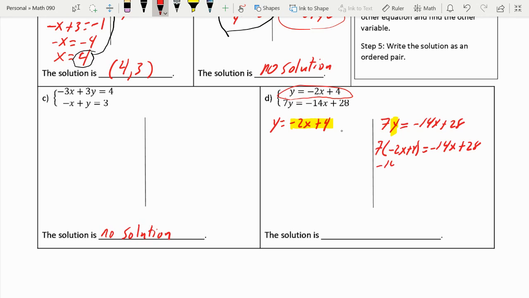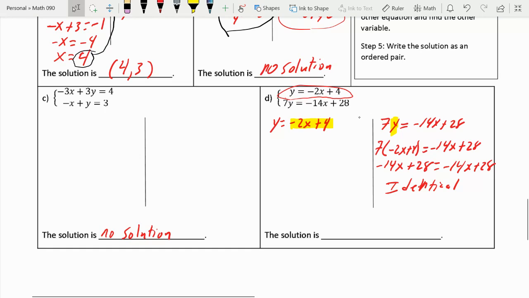Distribute, I end up with negative 14x plus 28 is equal to negative 14x plus 28. I'm hoping you recognize that both sides of the equal sign are exactly the same. So these two sides are identical.